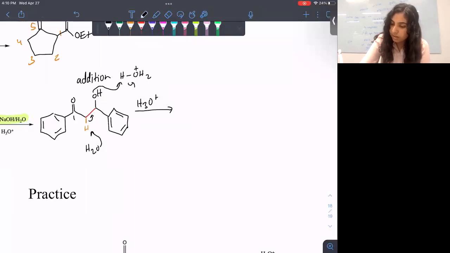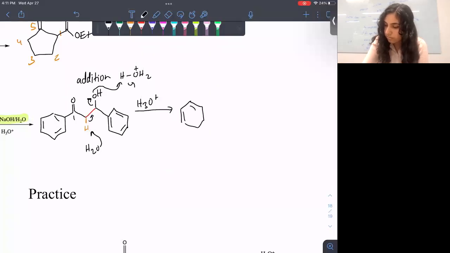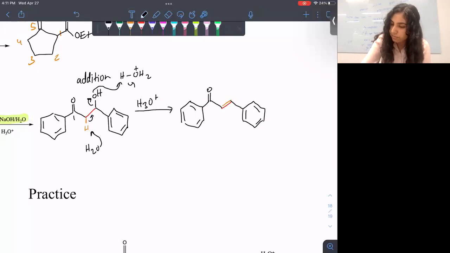So when that's going back, this water is leaving. So in our final product, we just have that alpha beta double bond. And then no more alcohol, it left as water. And then this is the final condensation product.